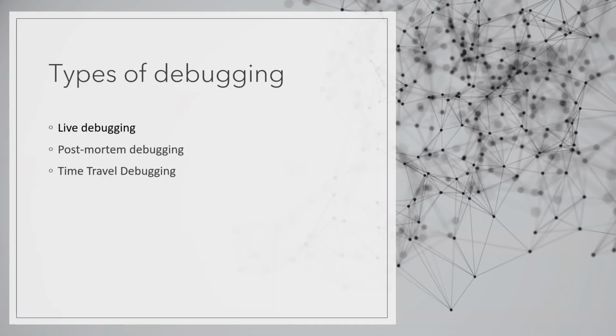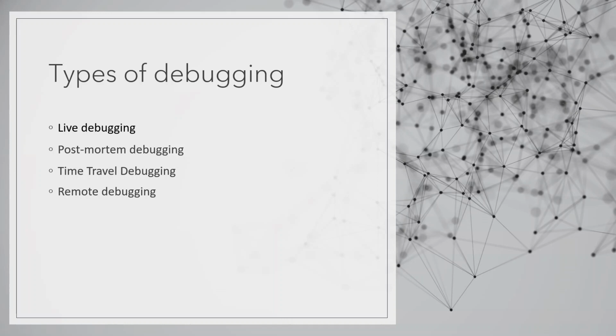If post-mortem debugging is a snapshot or a picture, time travel debugging is like a video. We take the trace over a period of time, and it creates a file at the end of the day, which we can copy to another system and open in some tool and see what might be going on. So if post-mortem debugging is a picture, time travel debugging is a video.